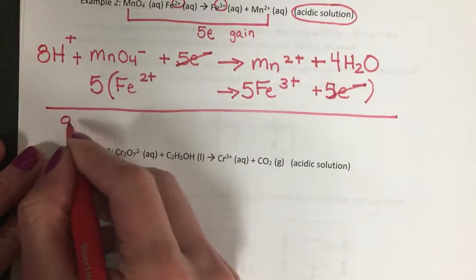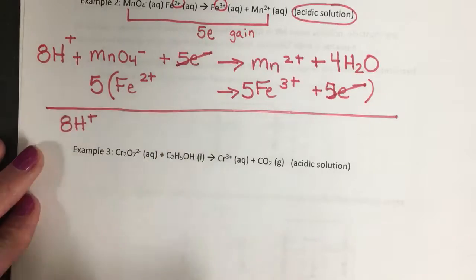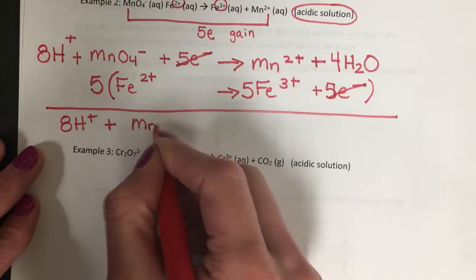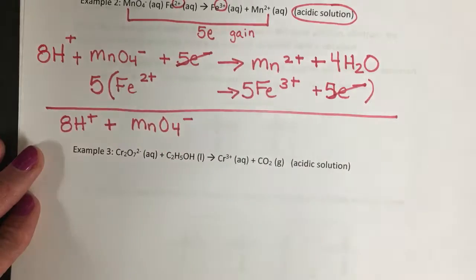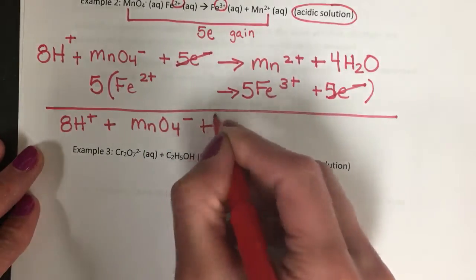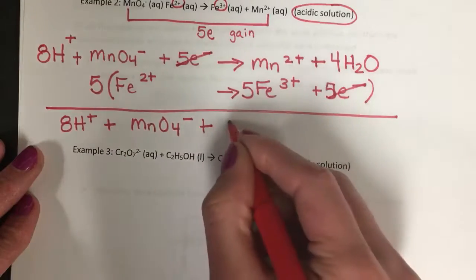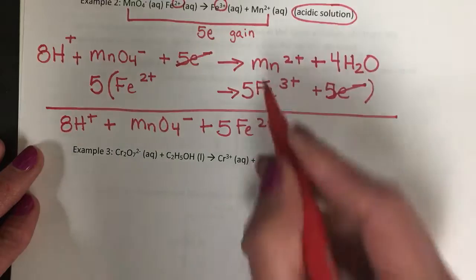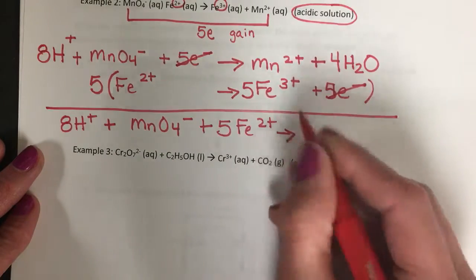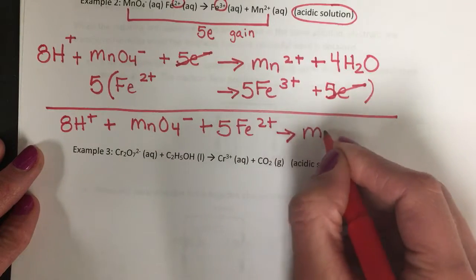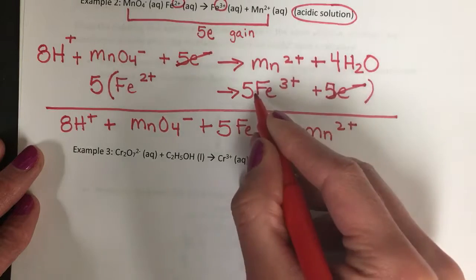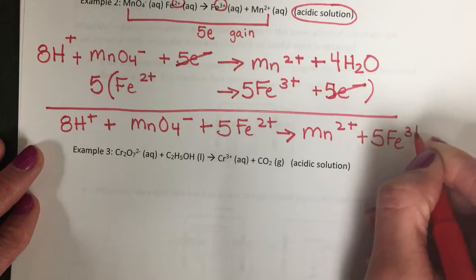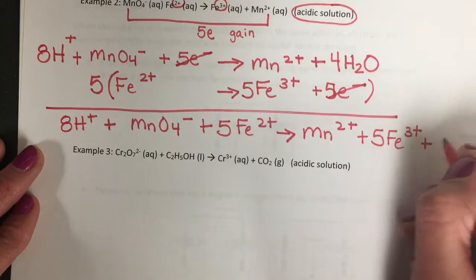So I'm going to have 8 H+ ions plus MnO4- plus 5 Fe2+. That's going to form Mn2+, 5 Fe3+, and 4 H2O.